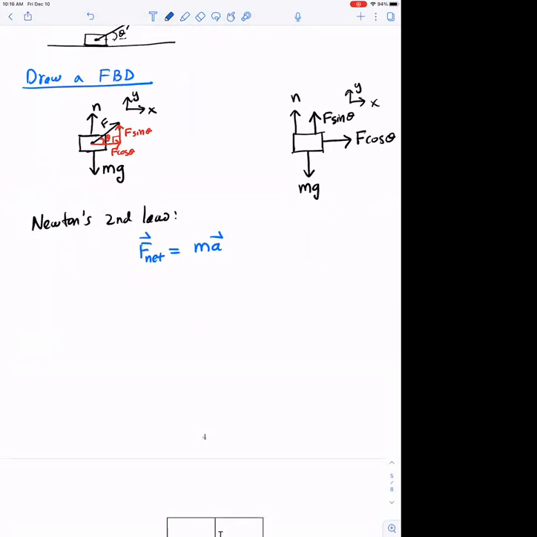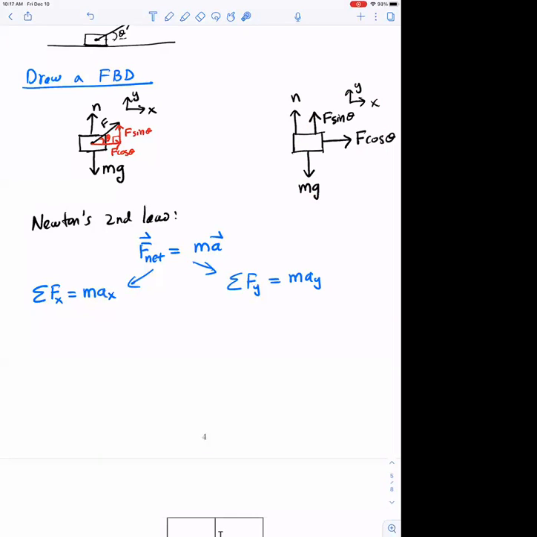Meaning the sum of all the forces along the x direction must equal the mass times acceleration along x, and the sum of all the forces along the y-axis must equal the mass times acceleration along the y-axis. These are the two vector components of this equation, and this free body diagram is going to help me write these two equations out. I literally look at this picture to figure out how to write these equations.